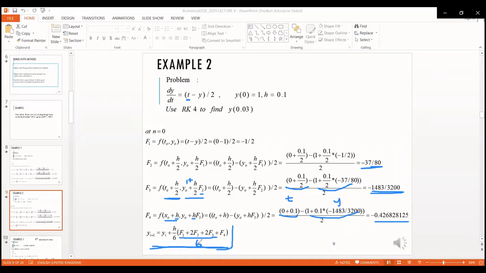Now, take note also that in other texts, sometimes instead of writing the general equation like this, they will prefer to write the general equation yi plus 1 equals yi plus h, then the expansion terms come, which is F1 plus the remaining terms, 2F2 and so on over 6, but the h will come at this point.